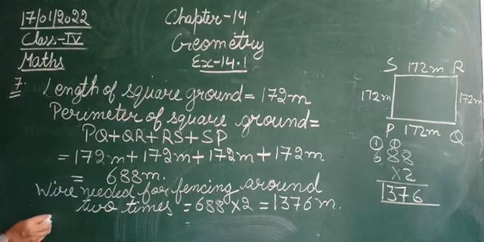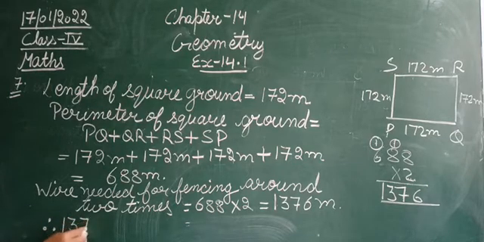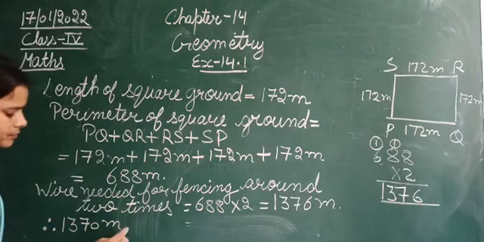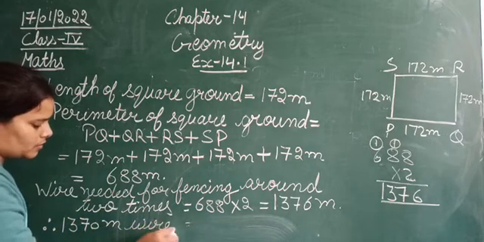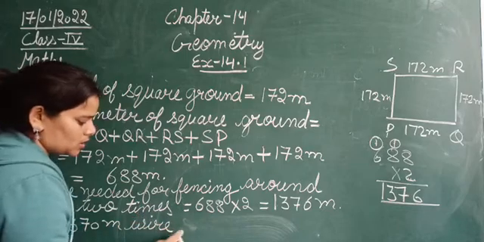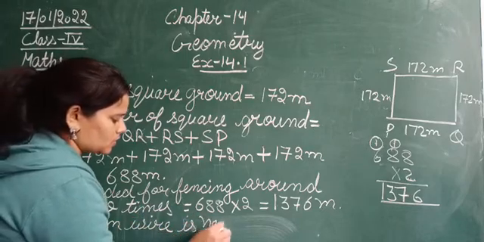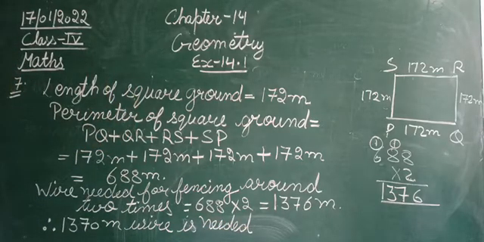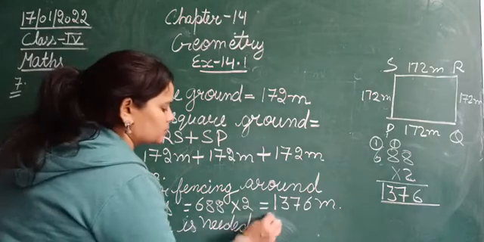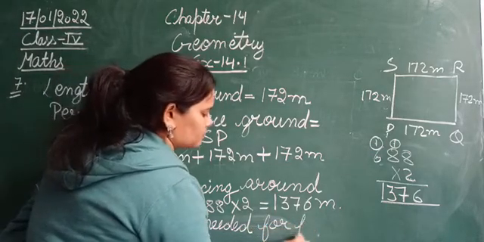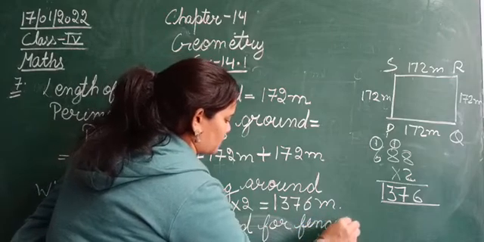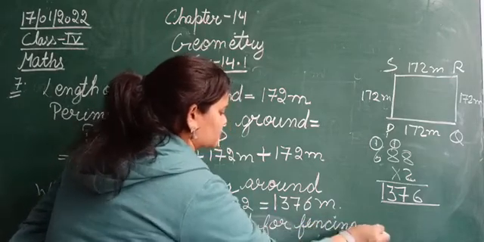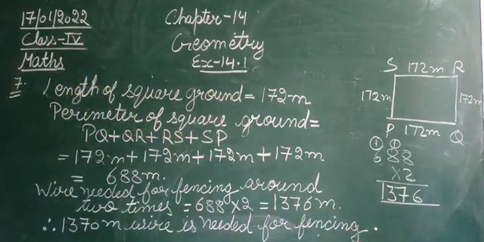Therefore, 1370 meter wire is needed for fencing.